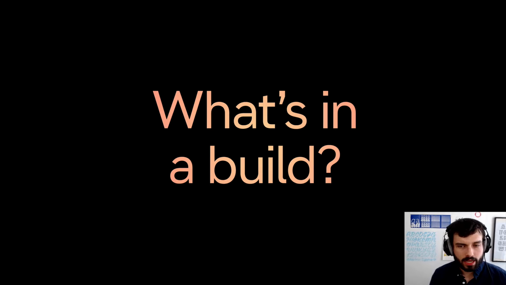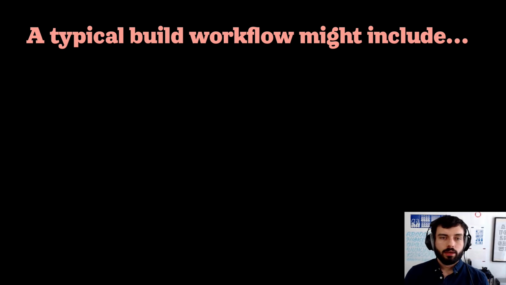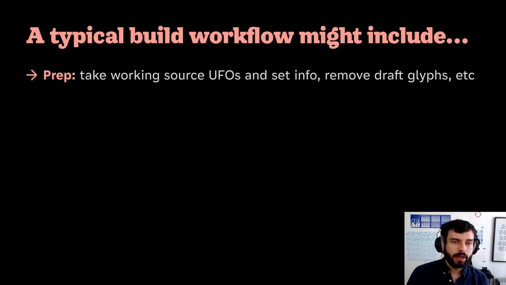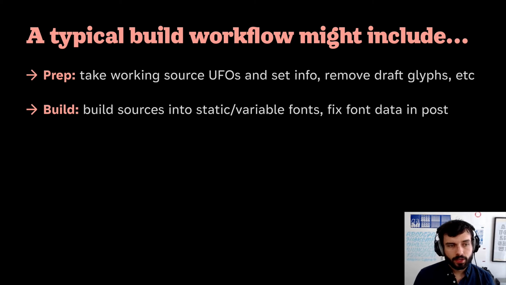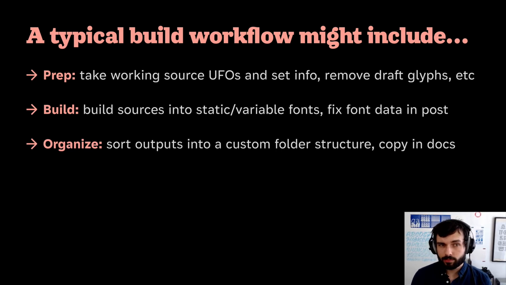So what's in a build? Well, a typical build workflow might include preparation. You could take your working sources and maybe set info like version numbers or naming. You could remove draft glyphs, check for compatibility, etc. There's obviously a build step where you build those sources into static or variable fonts. Maybe you fix some of the font data in that process.